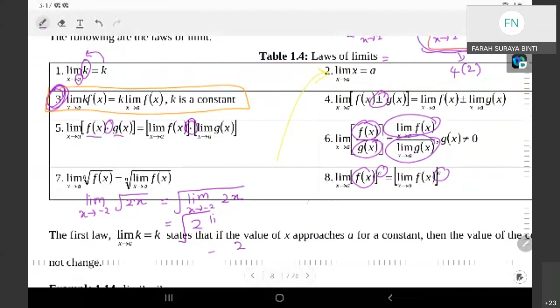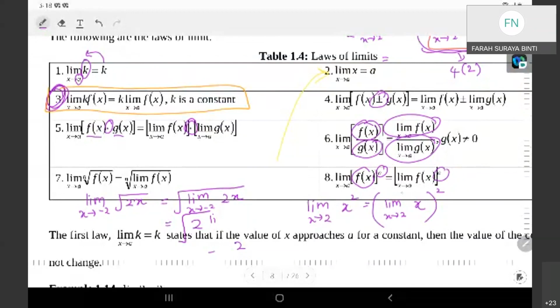Contohnya lah limit x approach to, function dia x square. Dia ada power 2 kat situ. So kita boleh apply law number 8. Okay. So kita dapat limit x approach to x, so kuasa 2 dekat luar. Okay, kuasa 2 dekat luar.